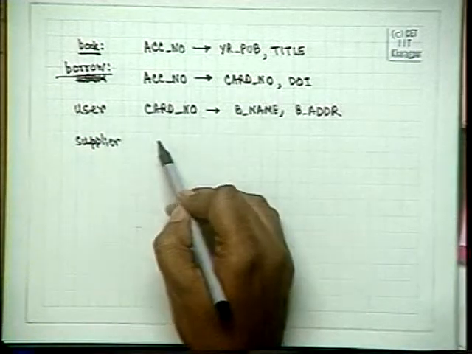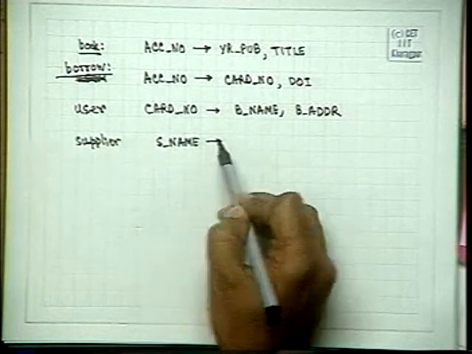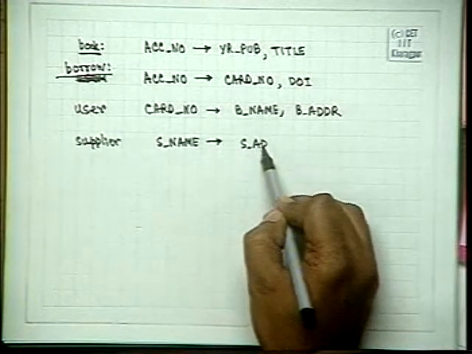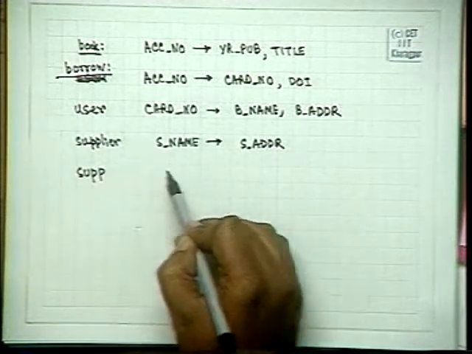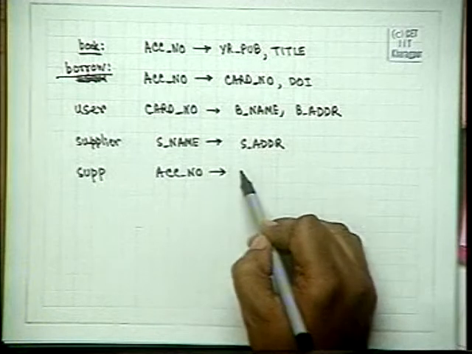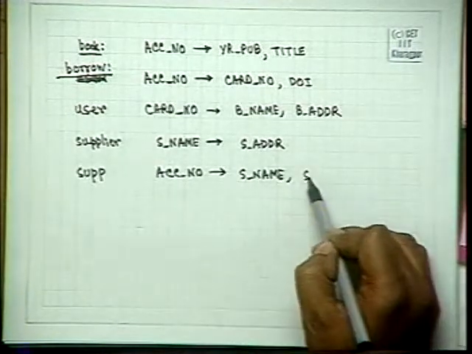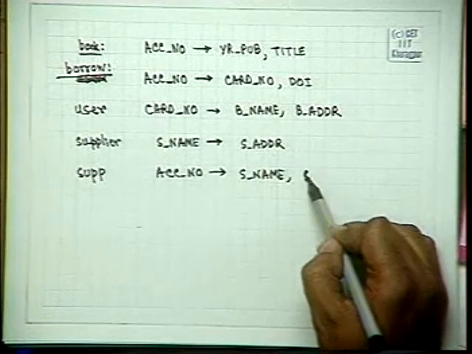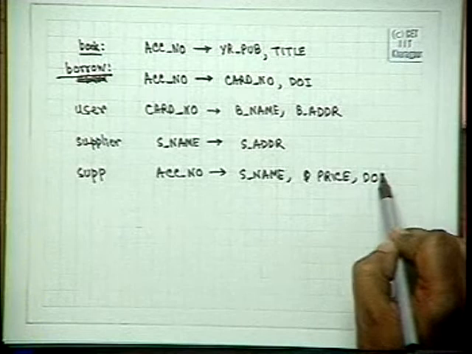We have S name to S address, and from the supply relation we have accession number gives S name and price and date of supply.